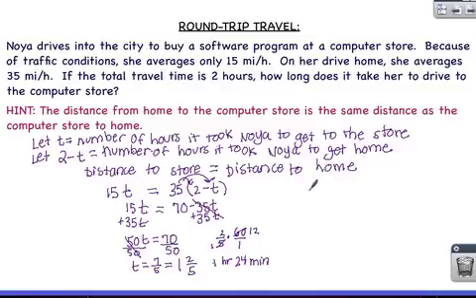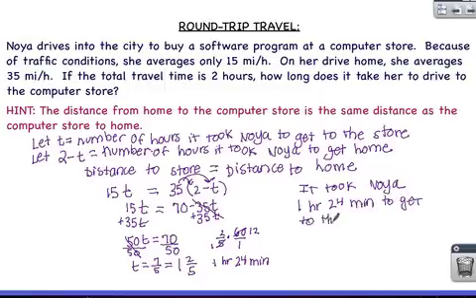So, the question is, how long did it take her to drive to the computer store, which is defined as our T. It took Noya 1 hour and 24 minutes to get to the computer store.